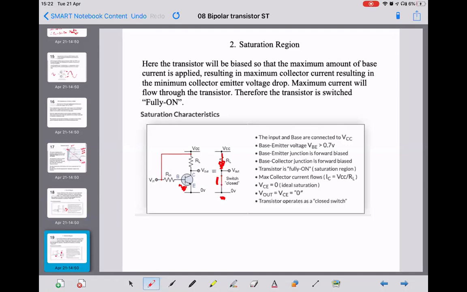We'll get a maximum collector current equal to VCC divided by our load, and we'd have a voltage across here of 0 volts, but VCC across the load resistor. Everybody understand that? So it's operating as a closed switch.